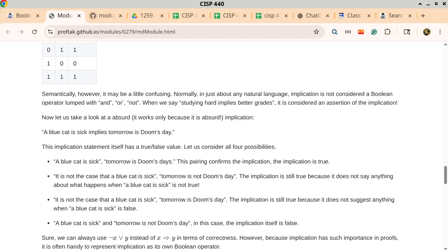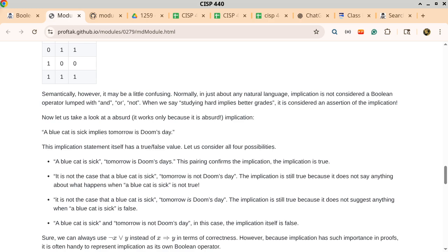All right, so the second scenario is there's no blue cat is sick, and then the next day is not doomsday. So in that case, can you get your money back?